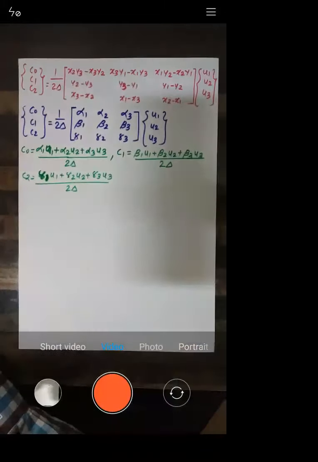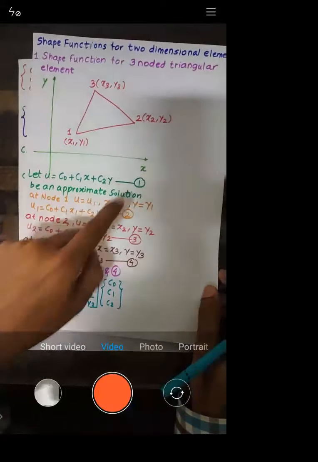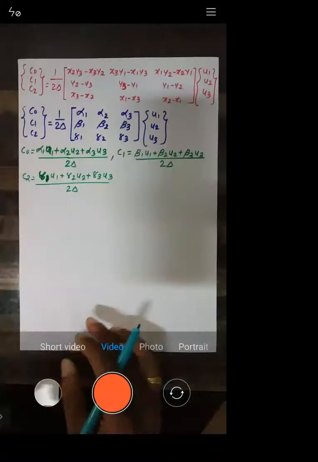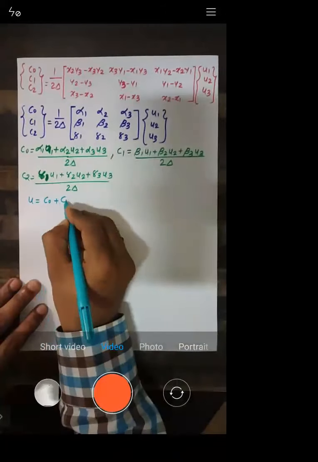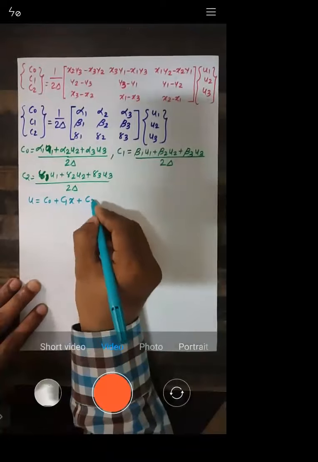What is the purpose of getting these values? We need to put them in the equation of U. U is given by C0 plus C1x plus C2y. So in this equation we'll put these values.